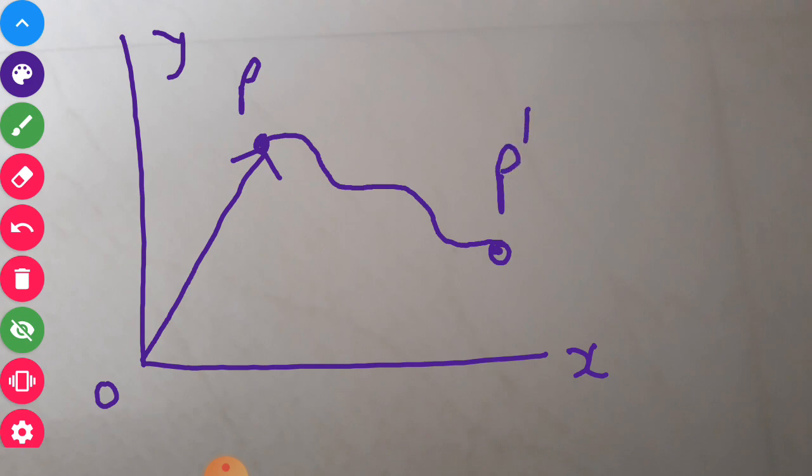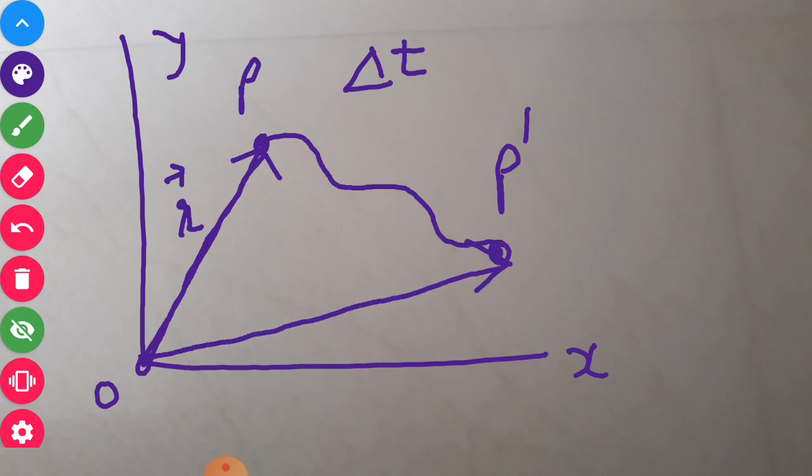First of all, this vector with respect to the origin O shows the position vector of P with respect to O, and that is denoted by R. After some time, say delta t, the particle has reached P prime, and the position vector of P prime is R prime.